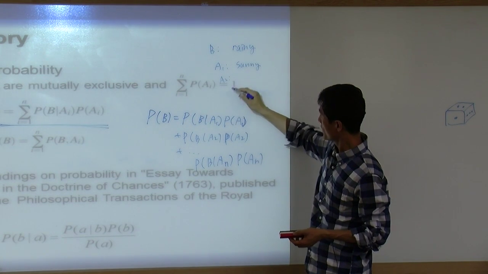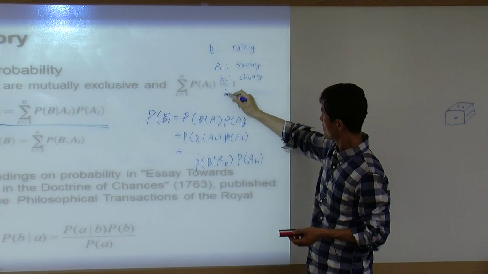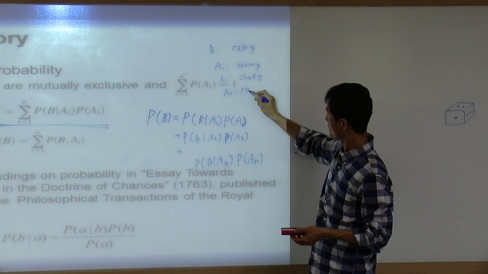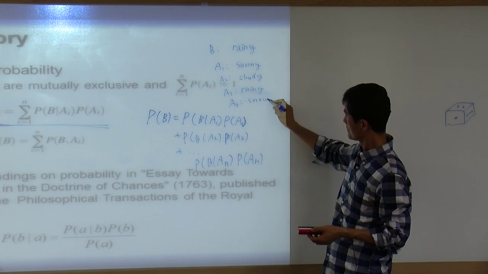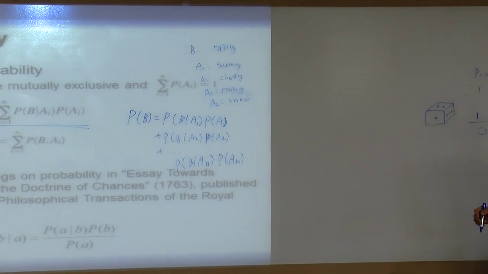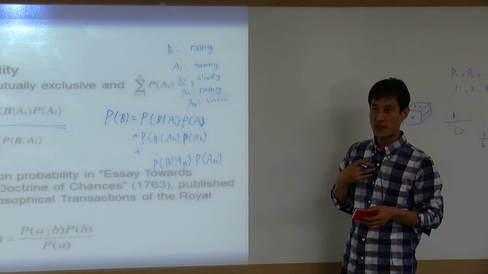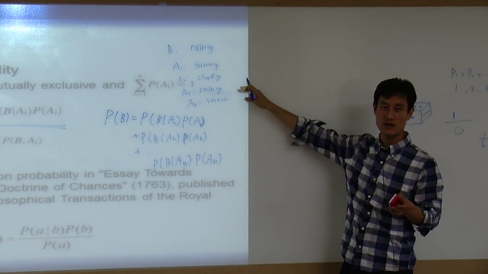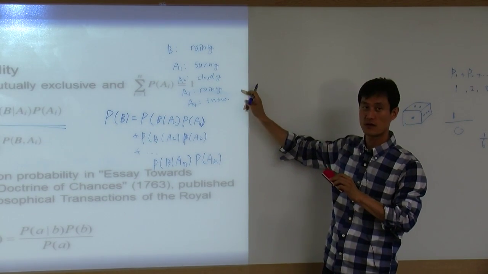In our previous weather example, let's think about it this way. In my definition of weather, we have only 4 different weathers. I don't have any other weather. Weather is only one of these 4.